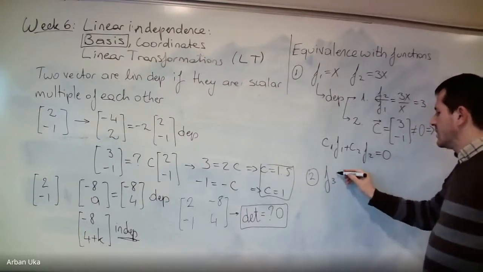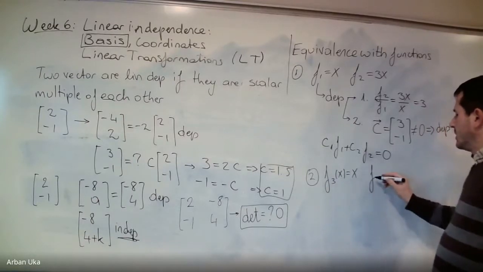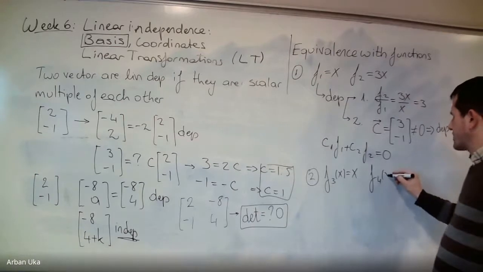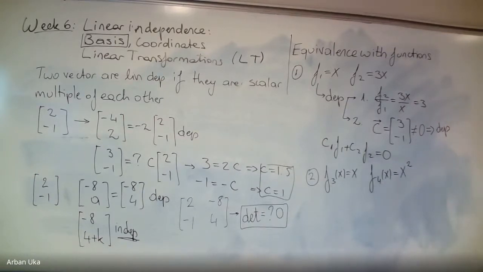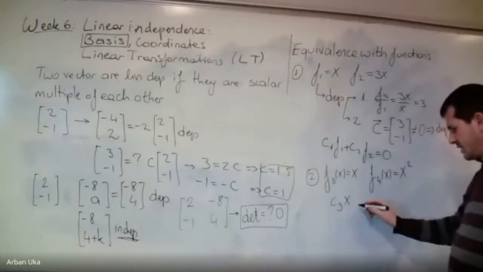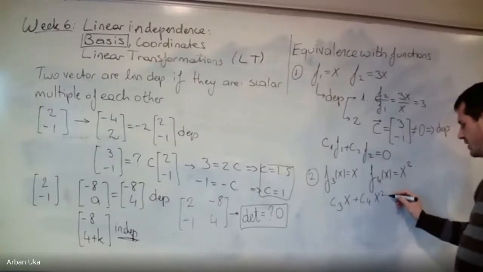Now, let's see a second example, again with functions. Assume that we have a function f3 of x equal to x, and f4 of x equal to x squared. Are these two functions dependent or independent? Independent. They are independent. Why? Because we have c3 x plus c4 x squared.